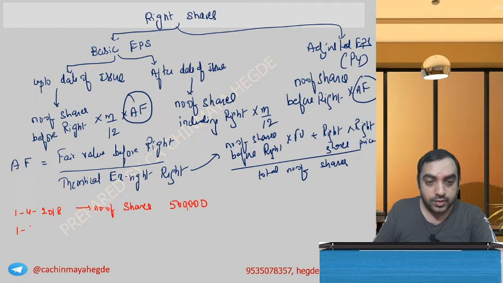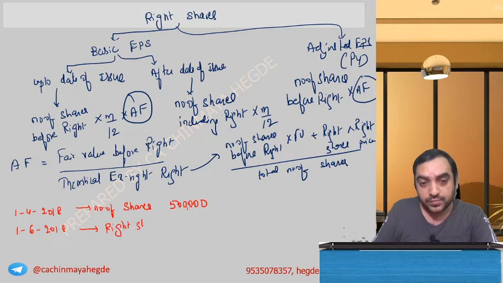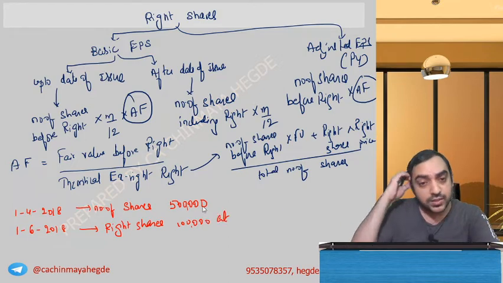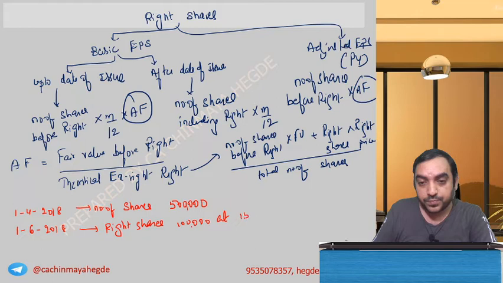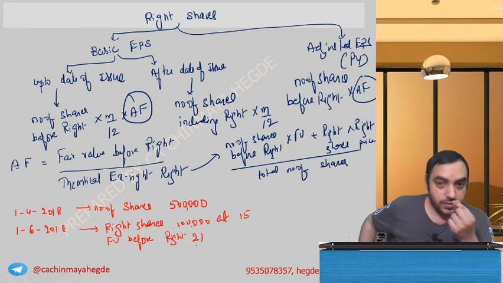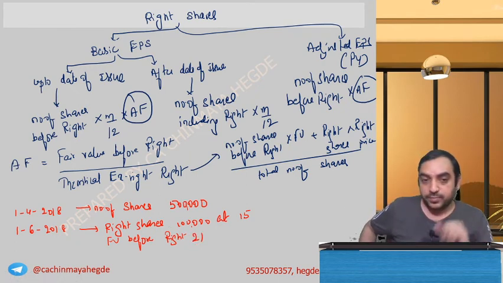On 1/6/2018, they issued right shares 1 lakh at the right price 15, and fair value before issue of right is, let's say, 21. How are we going to calculate?